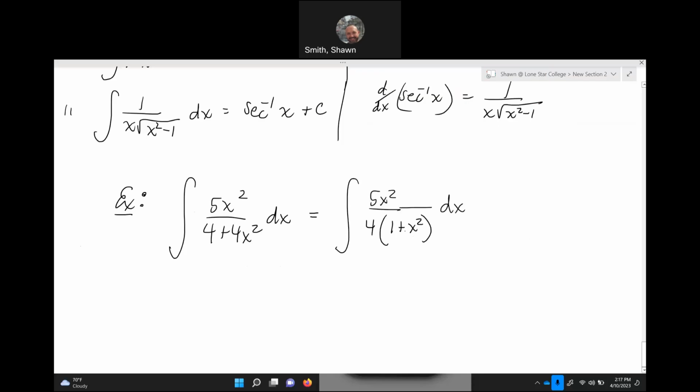That's also somewhere we just saw: 1 plus x squared is in the denominator for the antiderivative of inverse tangent. So that might play into this in just a minute. 5 times all that numerator, 4 times all that denominator, that's 5/4 that comes all out.